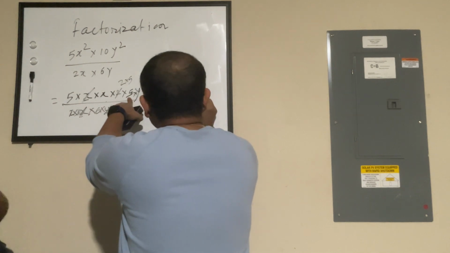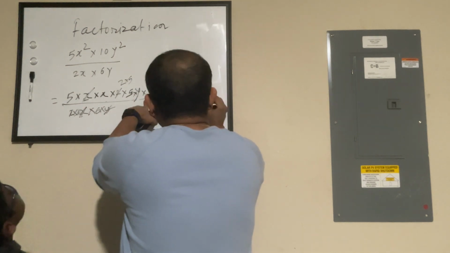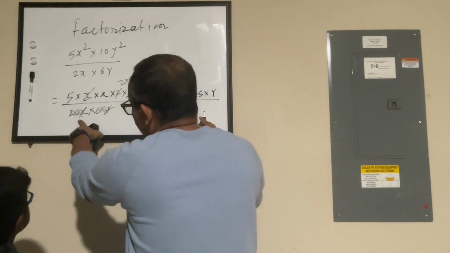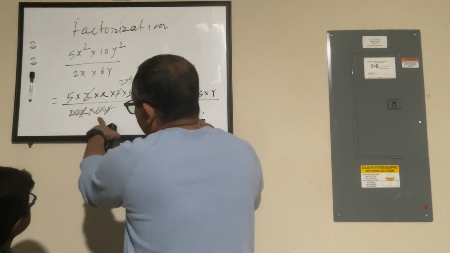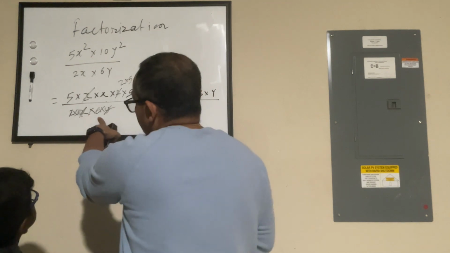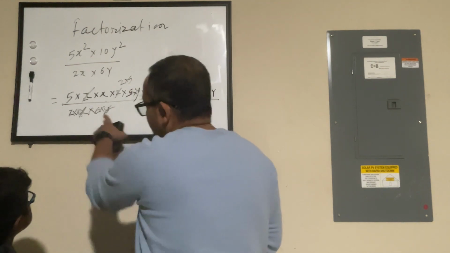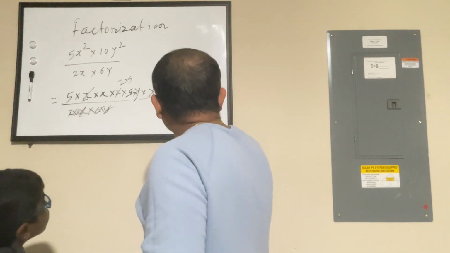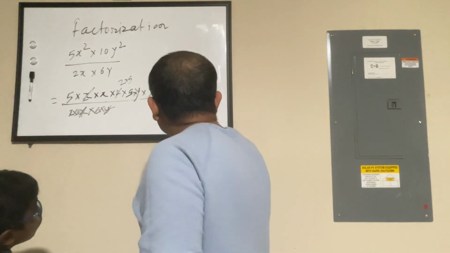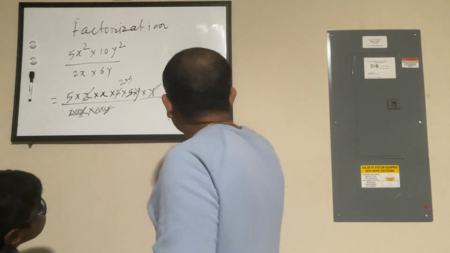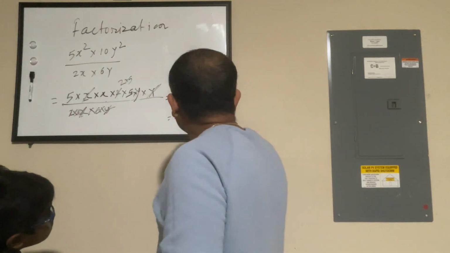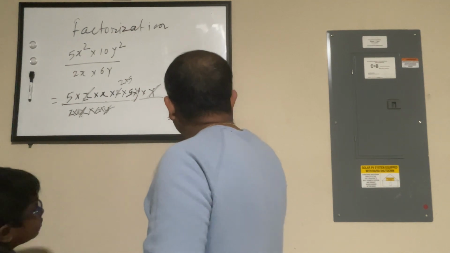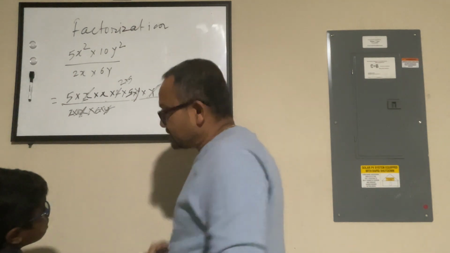Then 5 is left, and one of the y is also left. Very nice. What is left in the denominator? 6. Anything else? No? Okay. So now you can multiply number with number. This becomes 5 into 5, 25 into x into y, divided by whatever you have here.